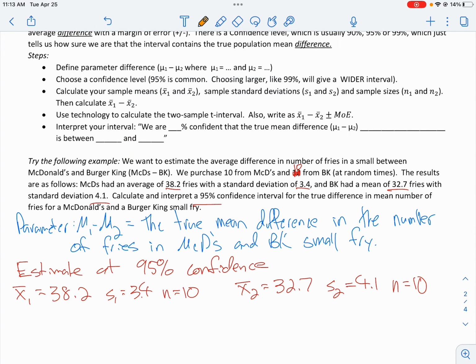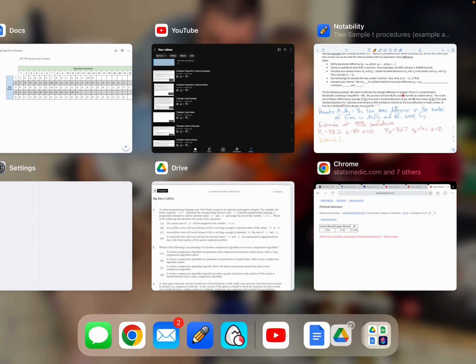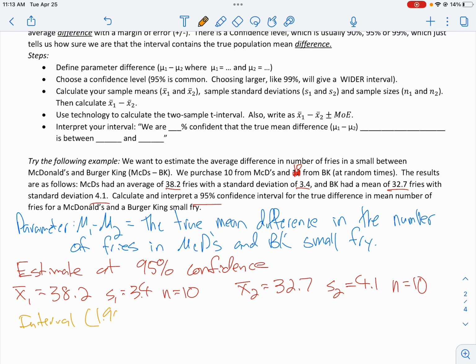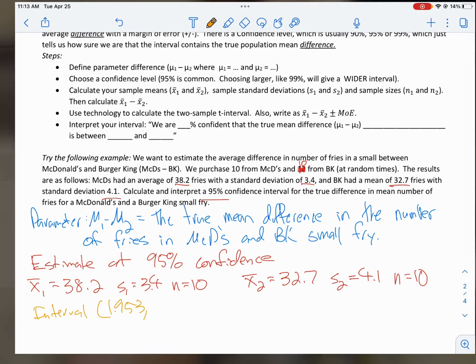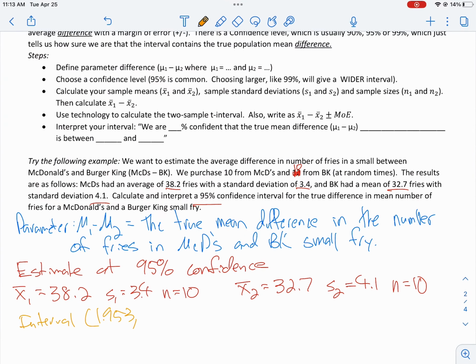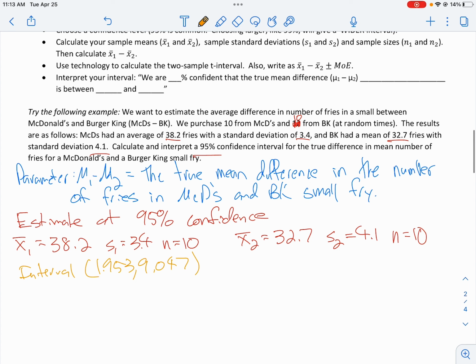So our interval is 1.953 to 9.047. And then from there we can do our interpretation.